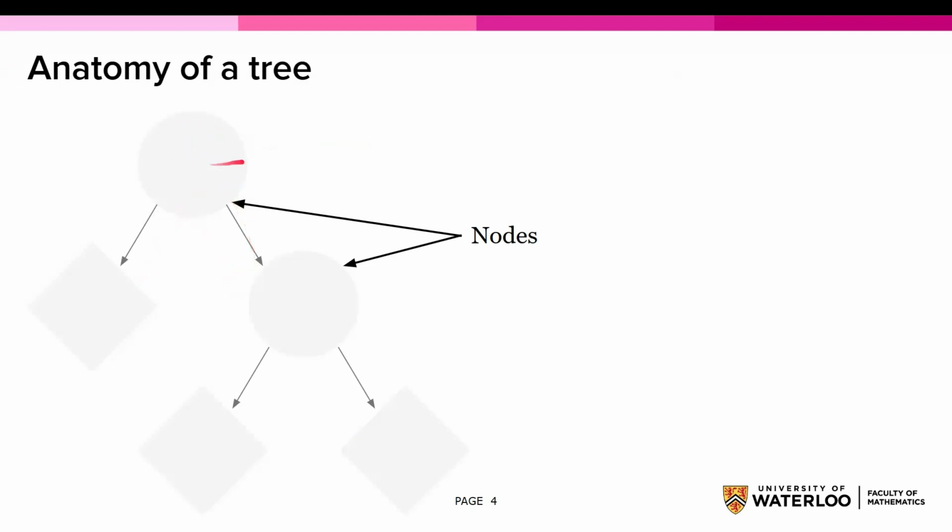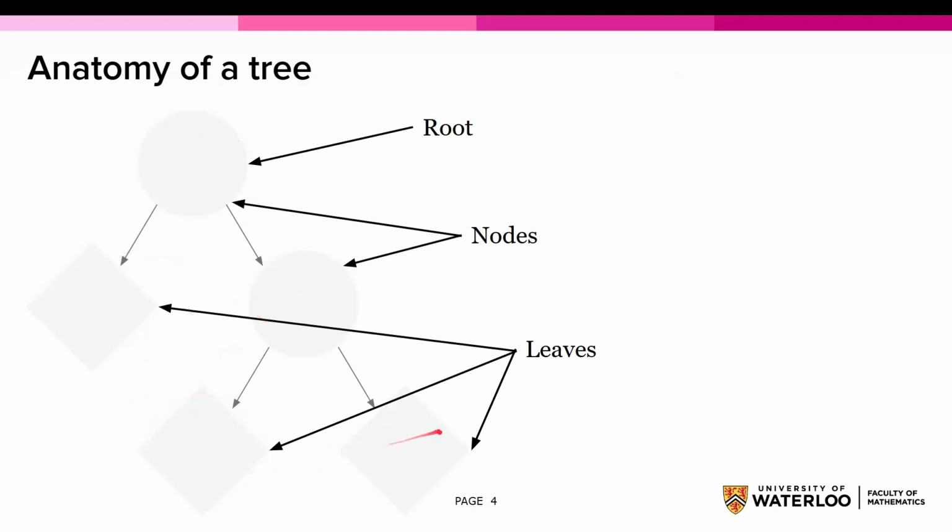The intermediate points along that path are called nodes, and they each represent a subsequent decision or test that further splits the data into smaller groups. Finally, we have the leaves at the end of each path. Sorry, so that's the root, and these are the leaves at the end. The leaves represent the final outcomes or predictions based on the series of decisions that got made along the way.